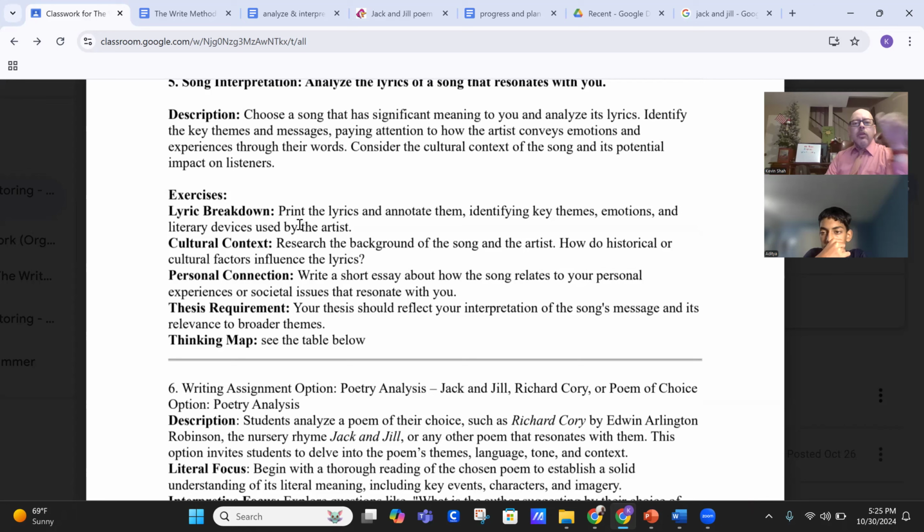and personal connection. You might consider, for example, the age of the artist, what kind of generation they are. Are they Generation Z, Generation X? Are they a baby boomer? There was a generation before the baby boomers. I don't remember, Generation Y or something like that.